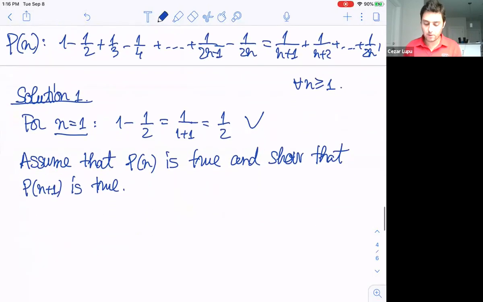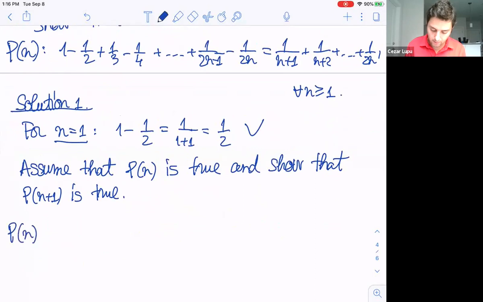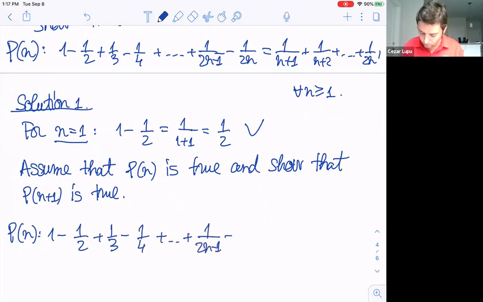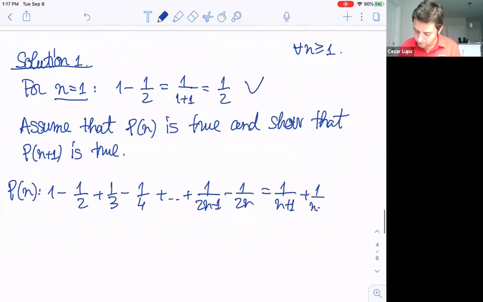Well, let's write P of n again. P of n is this guy: 1 minus 1/2 plus 1/3 minus 1/4, and we keep going, plus 1 over 2n minus 1 minus 1 over 2n. This equals 1 over n plus 1 plus 1 over n plus 2 plus all the way to 1 over 2n. So this is for all n greater or equal than 1.